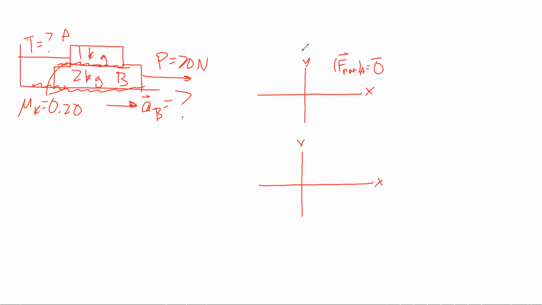Several different things to keep in mind here. I am being explicit about cap A versus cap B. And we know that F net of B points to the right.